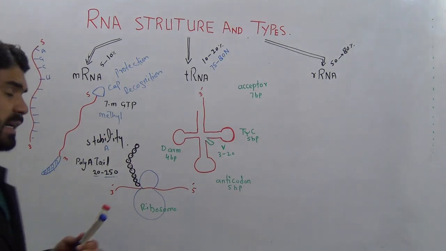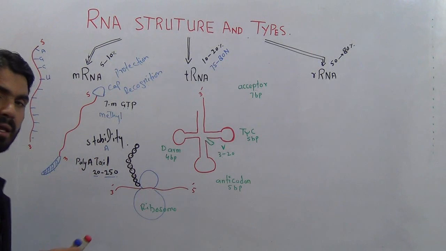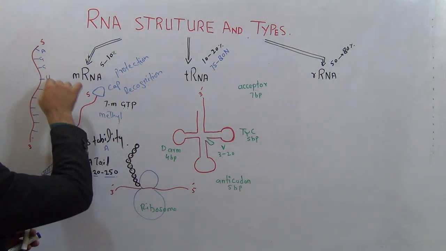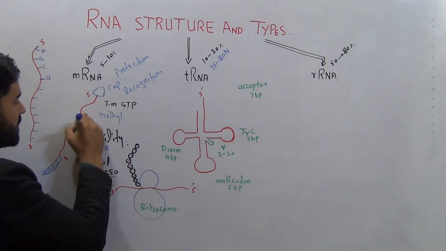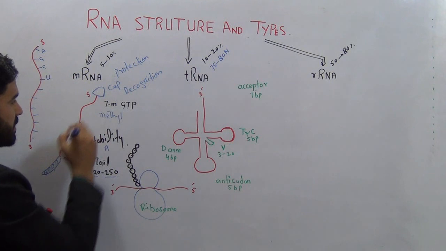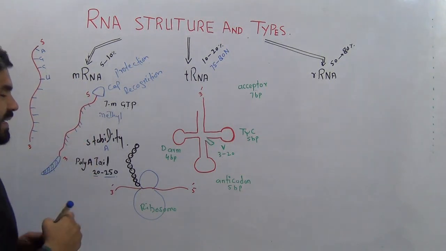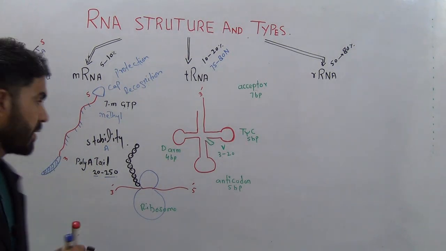And remember one thing more: on a messenger RNA you will find lots of nucleotides like A, G, C, U, C. Okay, fine. So any set of 3 nucleotides on the messenger RNA is called a codon.